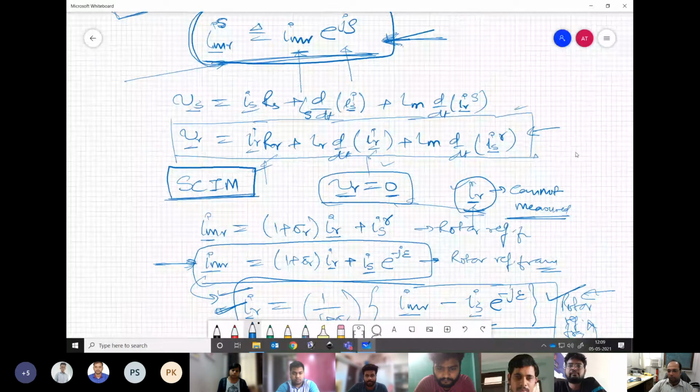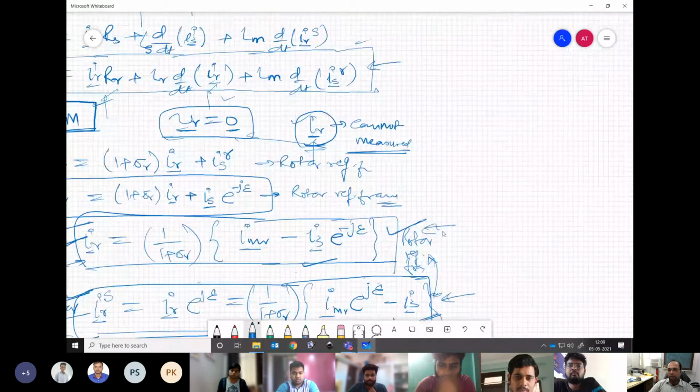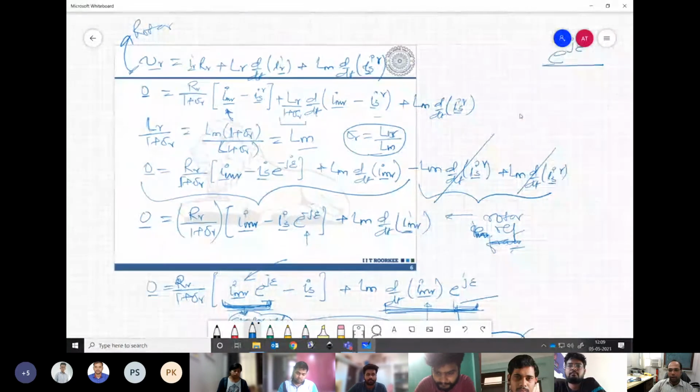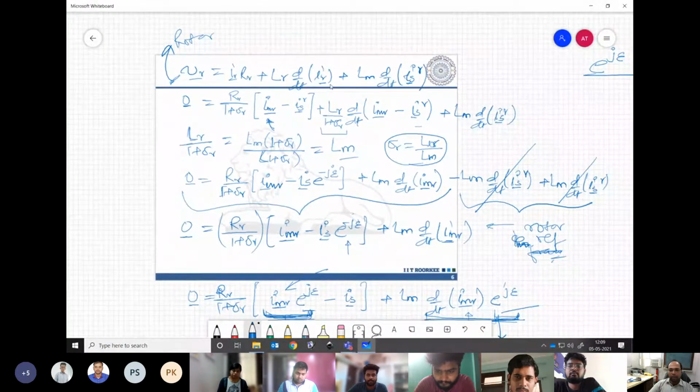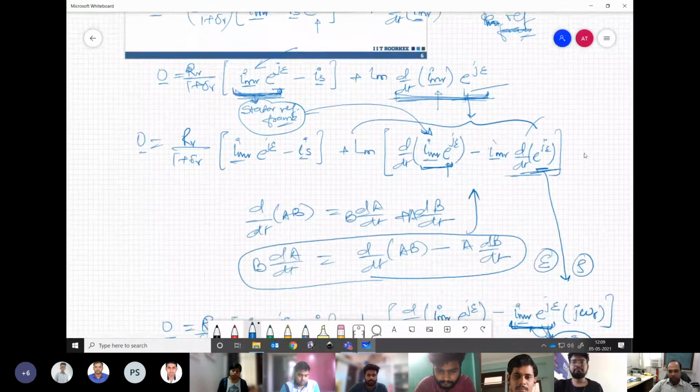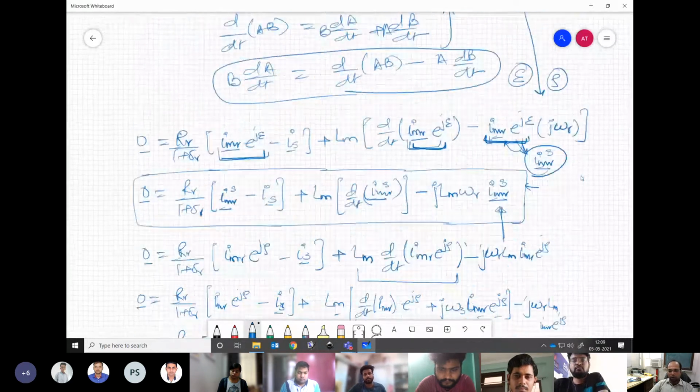Now, starting with the rotor current, we have seen that if we plug in the rotor voltage value and replace the rotor current with the equivalent magnetizing current and stator current, we are able to simplify this equation into two parts.